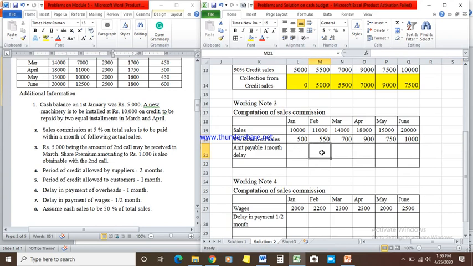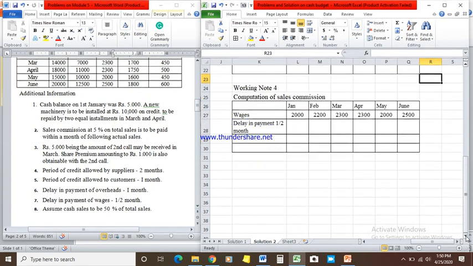So 500 will be paid in the month of February, 550 next, 700 next, 900, then comes 750. So in the month of January there will be no payment on account of commission on sales, but in subsequent months we will be making the payments. So in this way the payment of sales commission is going to be computed.